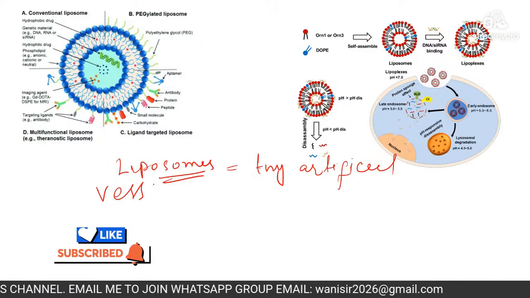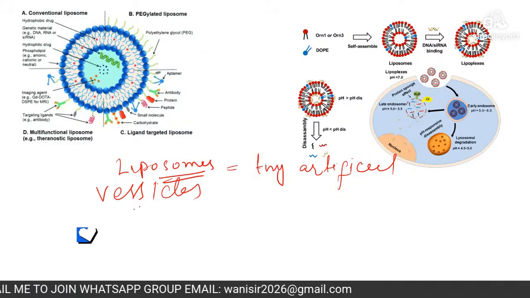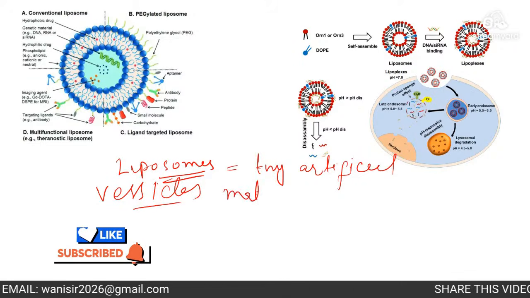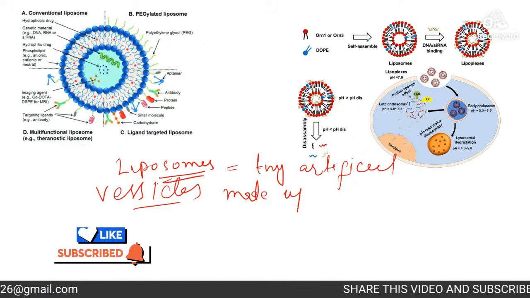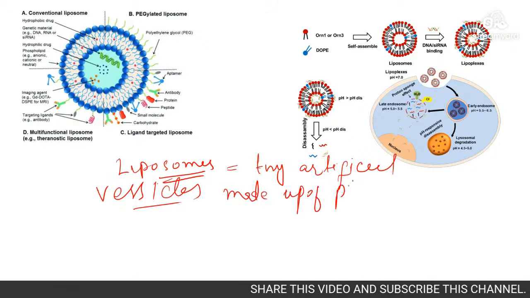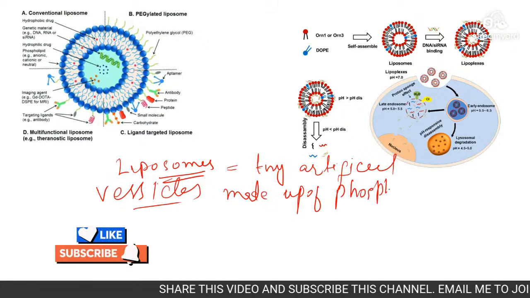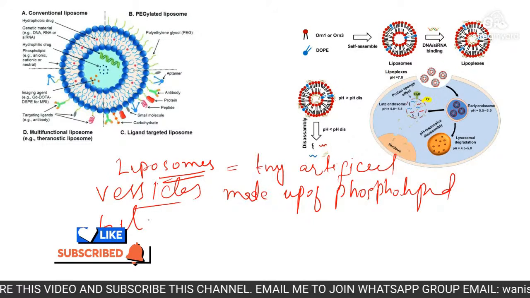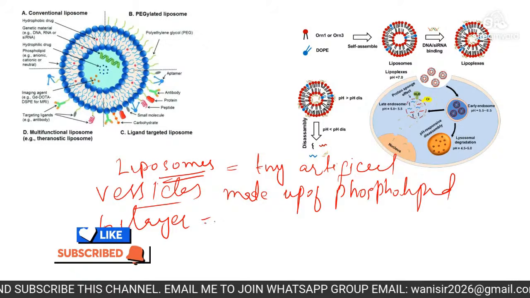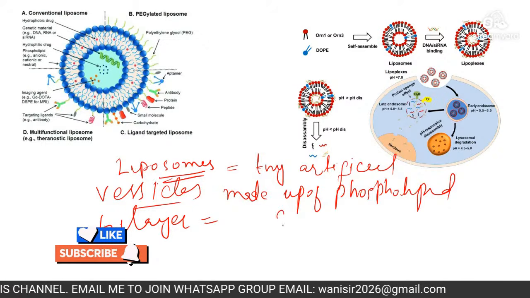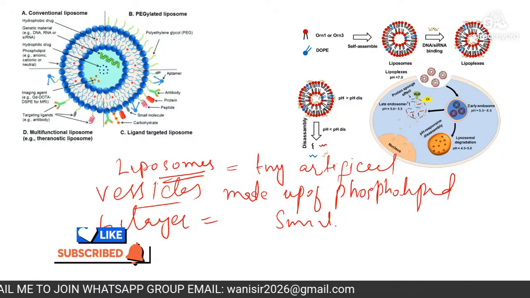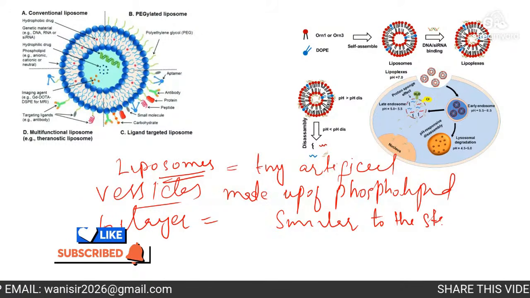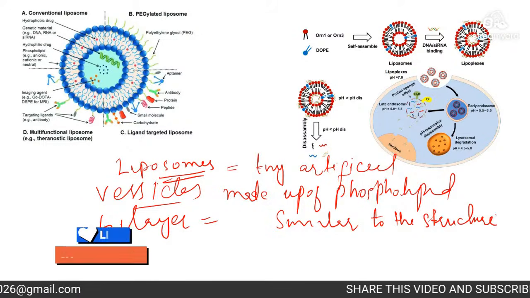They are tiny artificial vesicles made up of phospholipid bilayers. They are similar to the structure of the natural cell membrane.